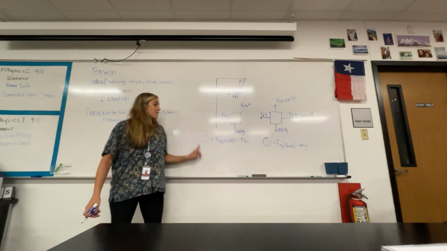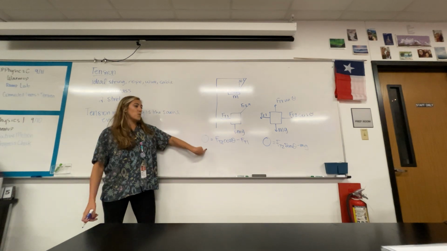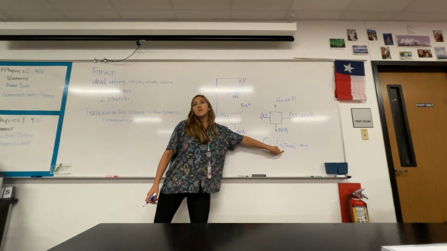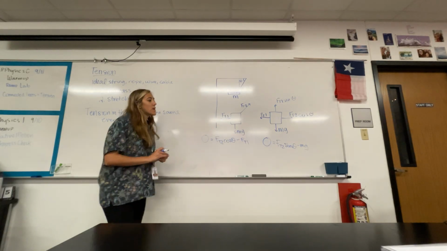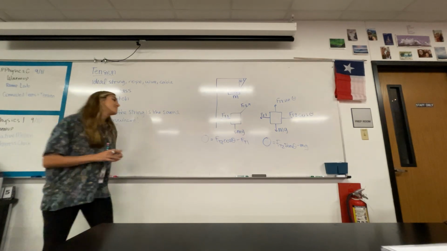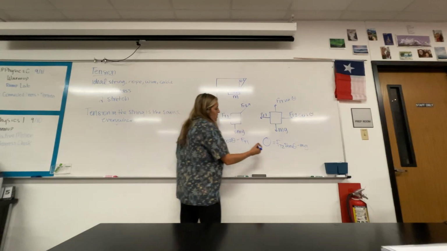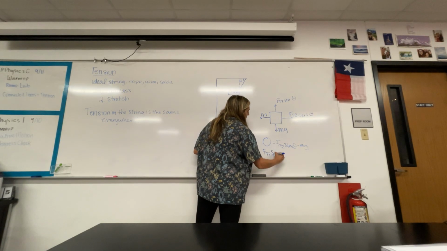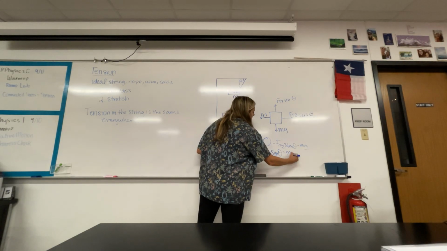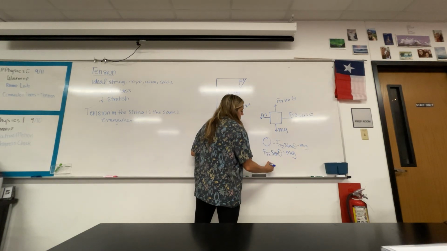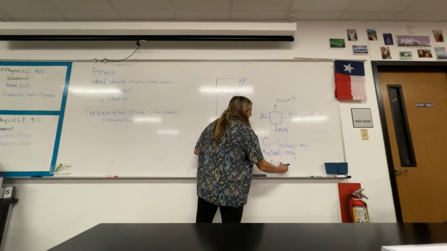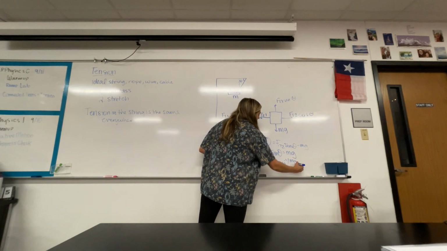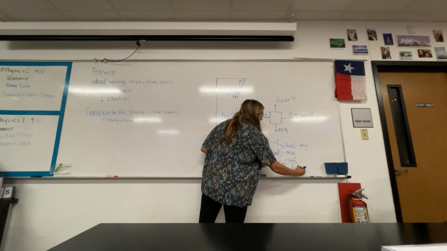So then I would have to solve this side for Ft1 and then plug it in over there to solve it. But let's say they just want it in terms of Ft2 and m, physical constants. So I would say, all right, Ft2 sine theta is equal to mg. So theta is equal to the inverse sine of mg over Ft2.